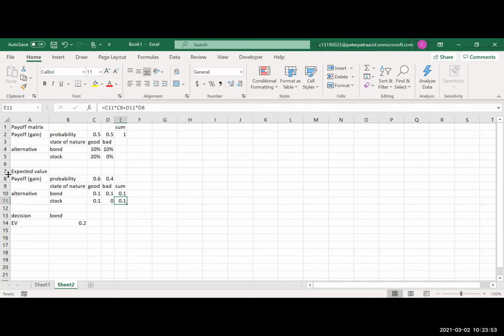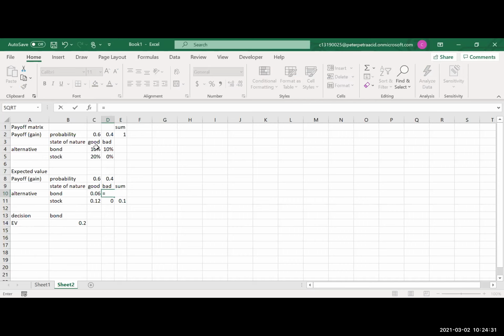Something is wrong. This is the EV. I think I should change. Why is your result still the same? 0.6 times 0.1, the sum is 0.1, that's strange. The bond decision should be the same, right?